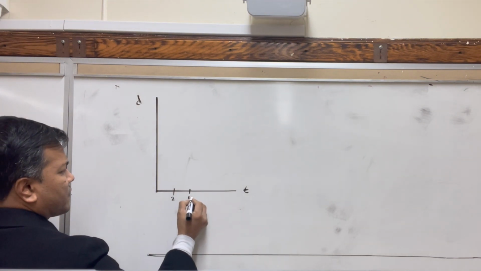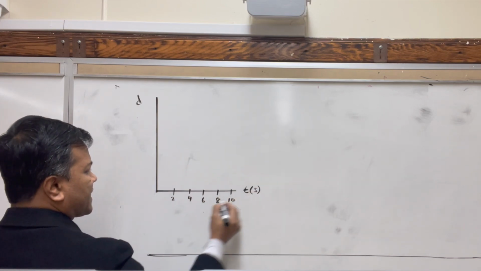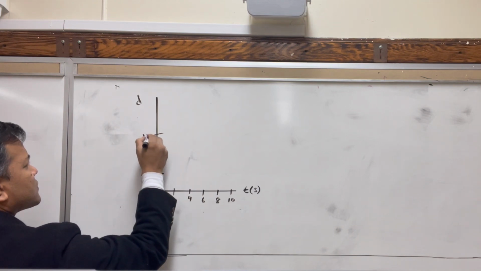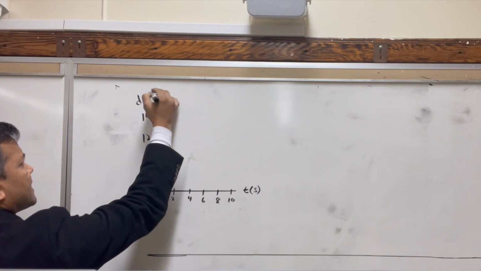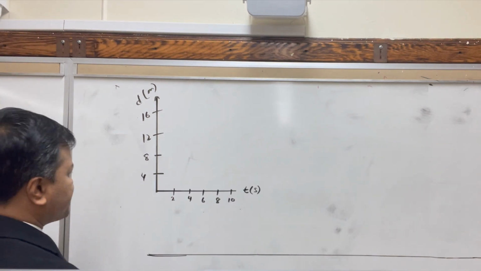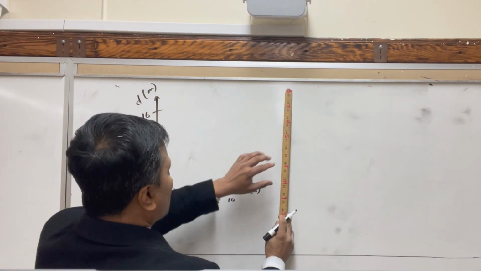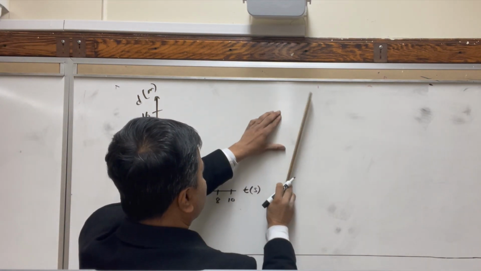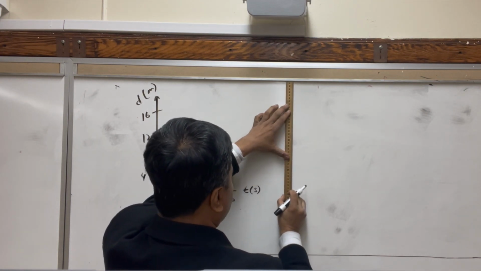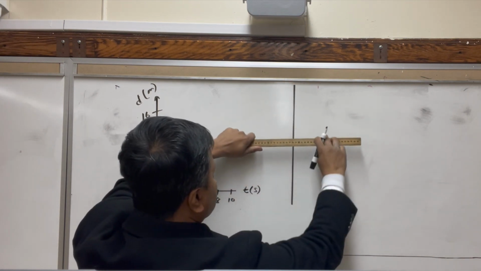2, 4, 6, 8 and 10. Time is in seconds. 4, 8, 12 and 16, and distance is in meters. So what do we know about it? Let's also draw a coordinate for a vt graph.